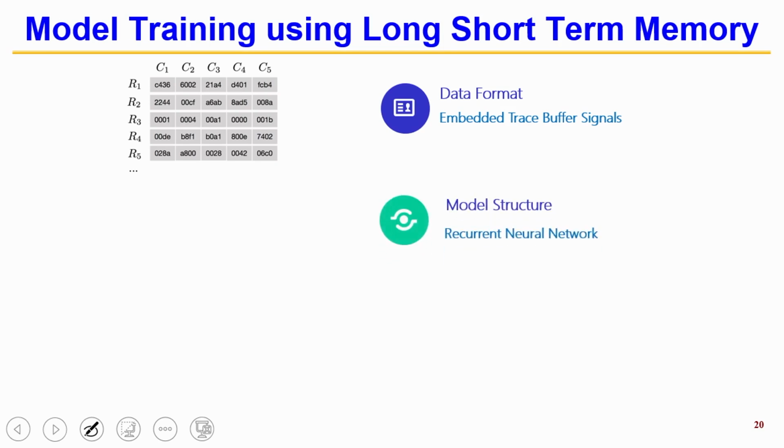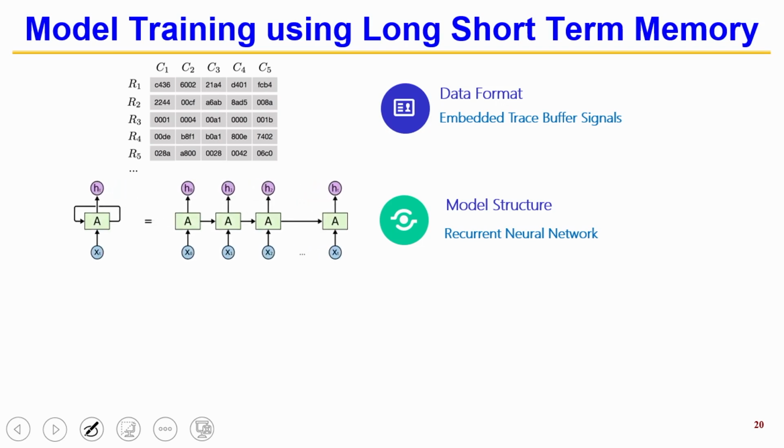Then typically, because it is time sequential data, a recurrent neural network is used, and specifically there is a name for it, long short term memory, LSTM, that is actually a perfect fit for this kind of malware detection data. Most of the papers use some variation of recurrent neural network and long short term memory.